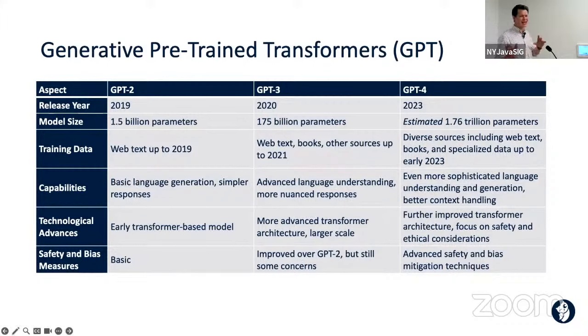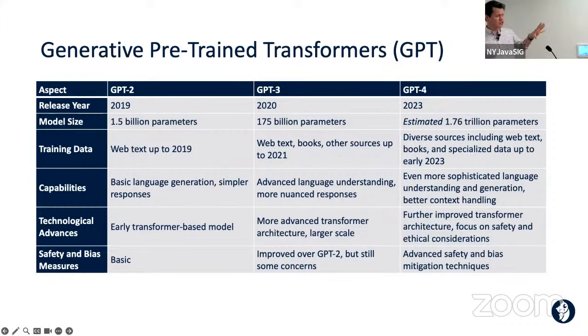A parameter is a value inside the model that changes as the model is trained. So the quantity of parameters is a proxy for the size of the model, and the intelligence of the model. The really interesting thing about GPT-3 is it can actually do things that it wasn't trained to do. And that's really exciting in and of itself.